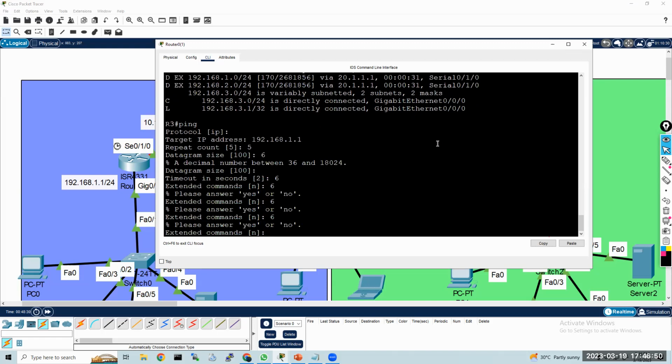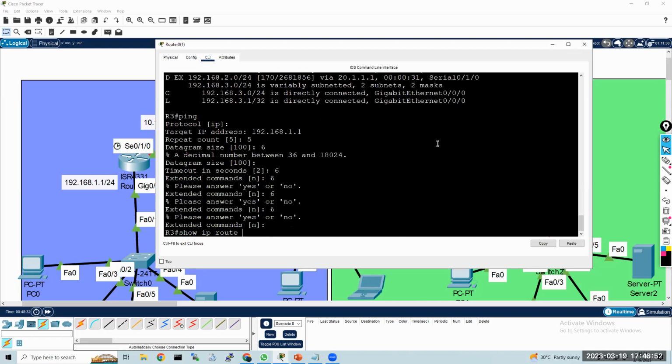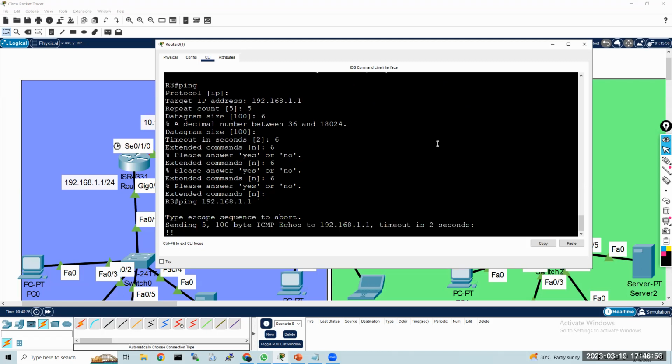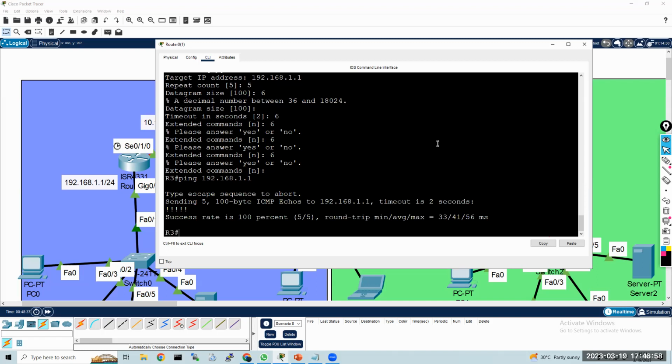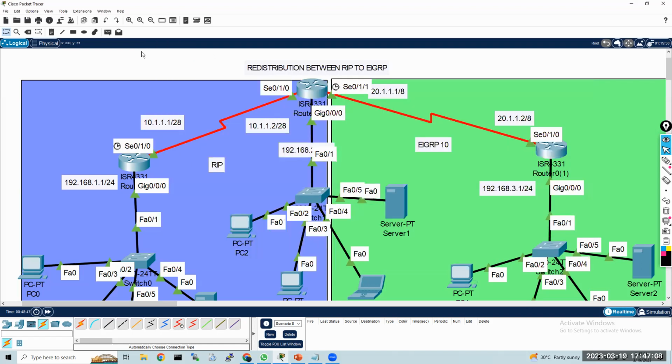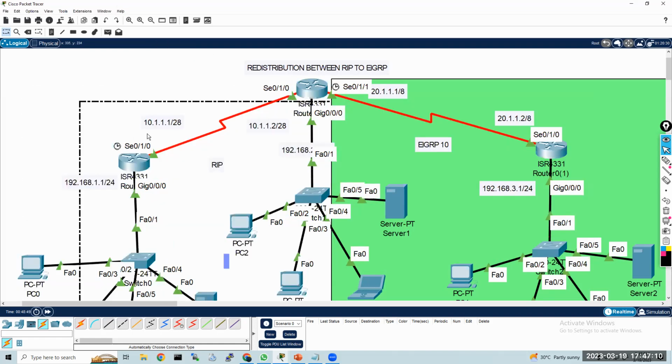Sir, is it possible we can run that redistribute RIP metric command on router 1 or router 3? No, it's not possible because it is not connected. Why do you want to do the redistribution here?